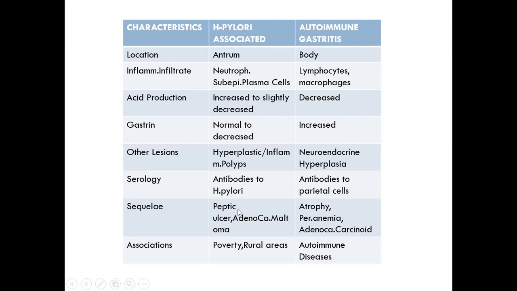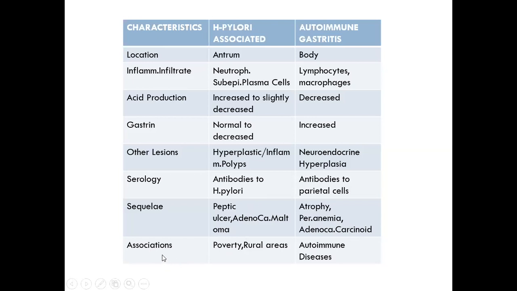Complications: peptic ulcer, adenocarcinoma, and MALToma or MALT lymphoma in H. pylori associated gastritis, and atrophy of the mucosa, pernicious anemia, adenocarcinoma, and carcinoid in autoimmune gastritis. So they are the complications in autoimmune gastritis.